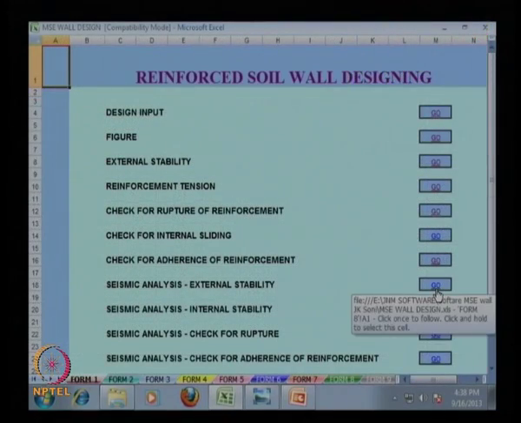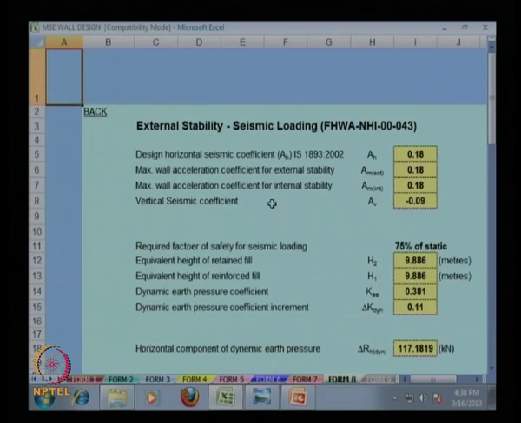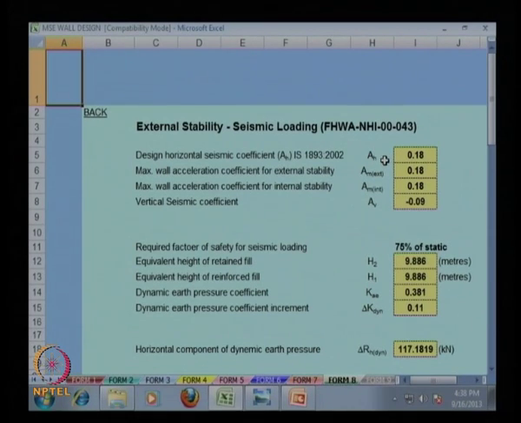Now, seismic analysis for external stability. So for external stability, seismic loading as per FHWA NHI 00043. So it's a design of horizontal seismic coefficient AH as per IS 1893 2002.